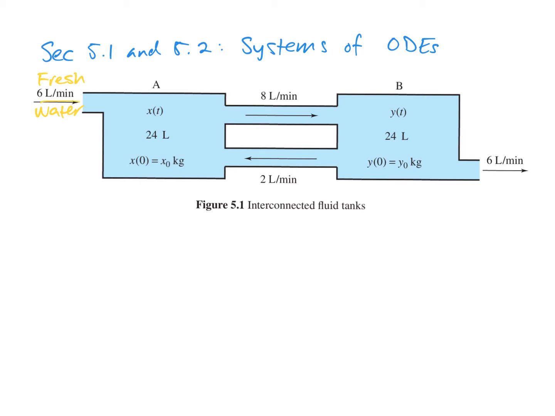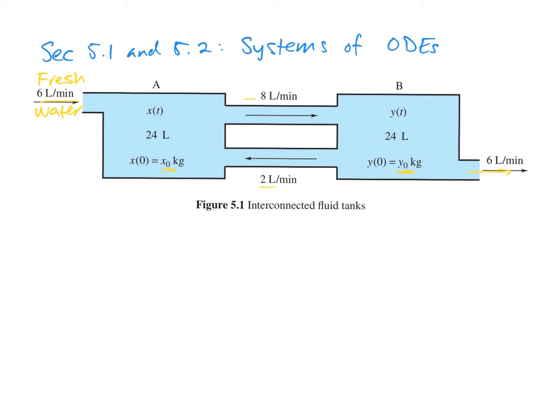The initial strength of the brine, the salt solution inside, is given with these initial conditions. So initially you have X naught or Y naught kilograms of salt in each tank. The solution is leaving the second tank at a particular rate.